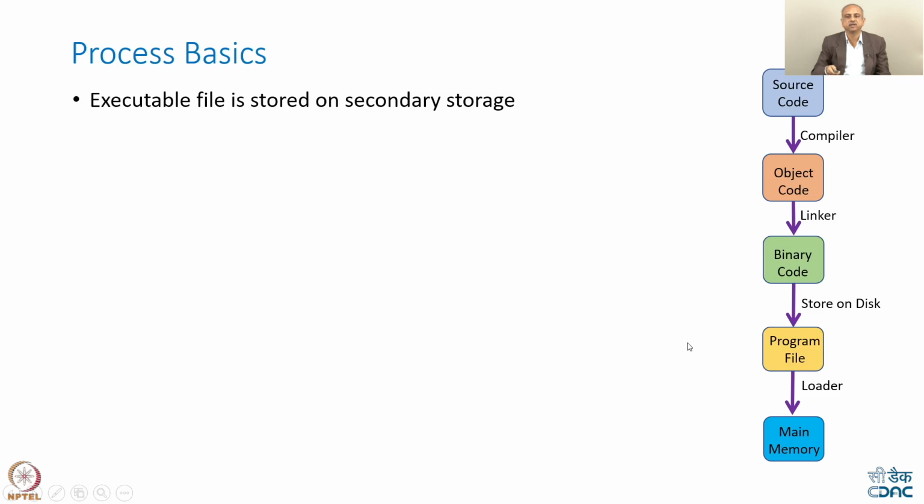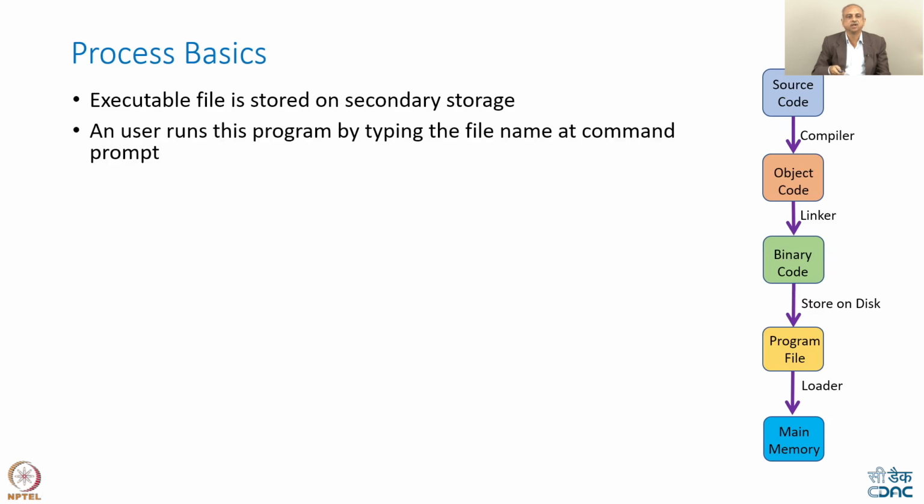As we have mentioned, the executable file in the form of binary is stored on the disk here. It is stored with a file name, and this file name is known to the user. A typical file name could be a.out, and the user will type the name of this file at the command prompt and press return.